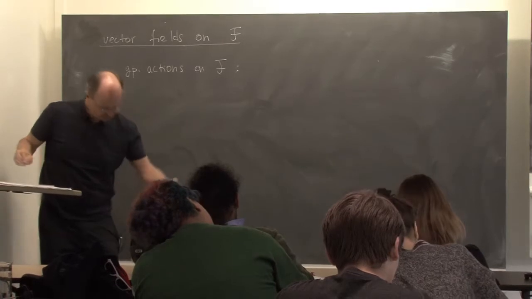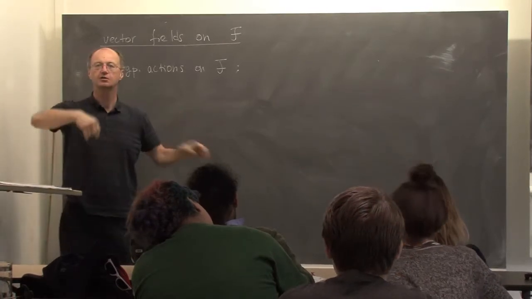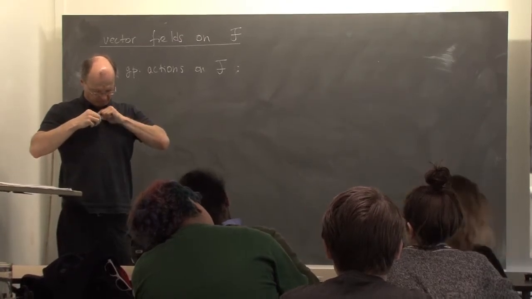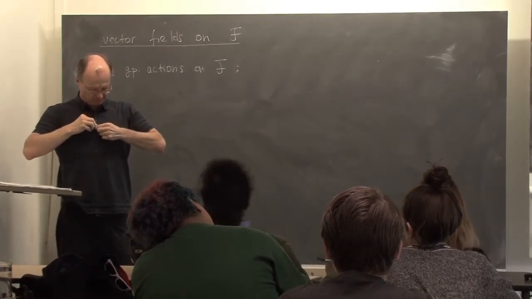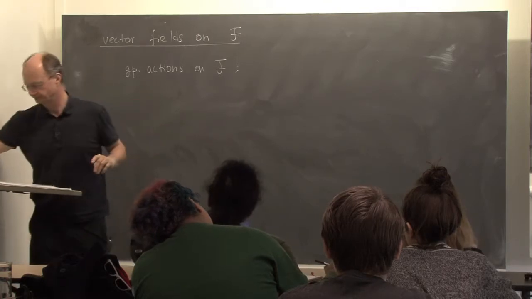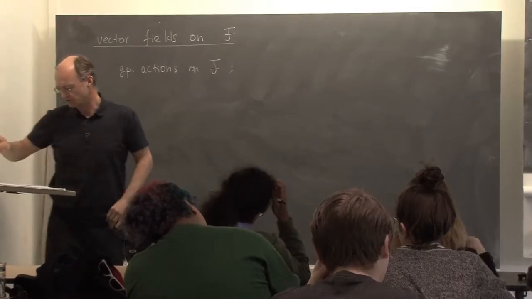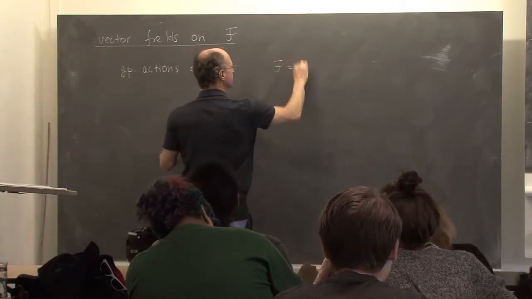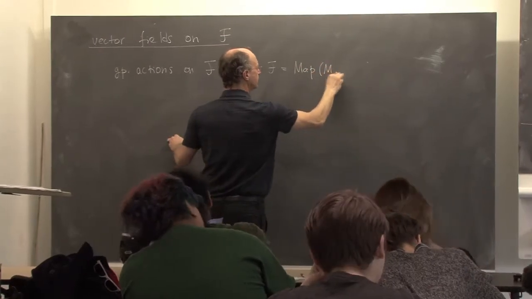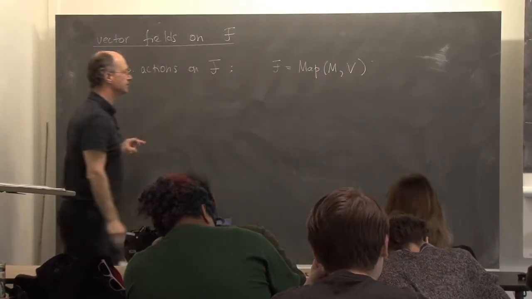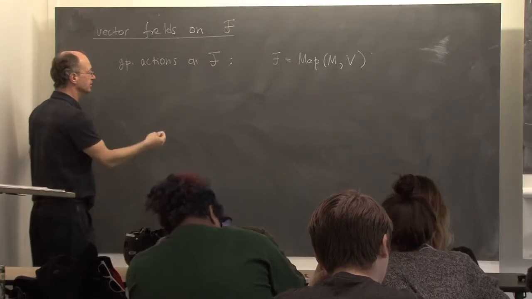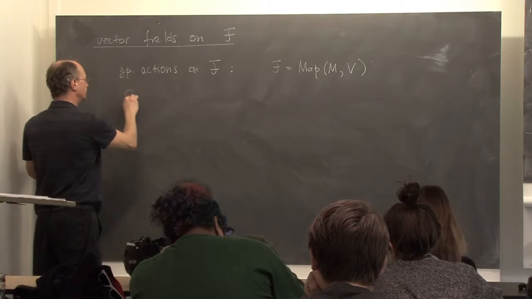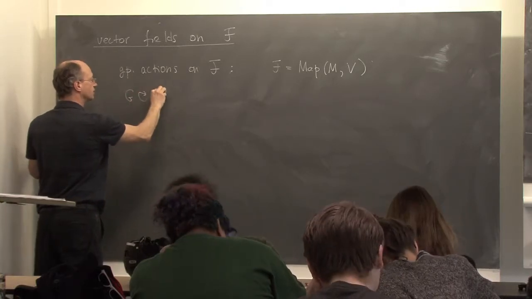Recall that F consists of maps from the space-time to the target space. Let's assume, to start with, that you have a group action on the target.